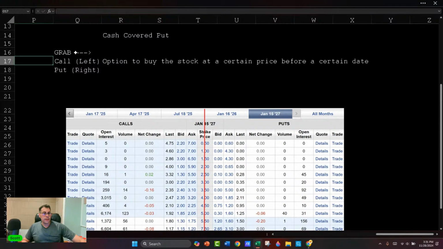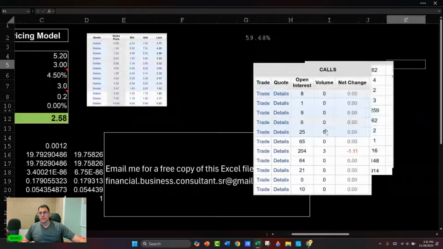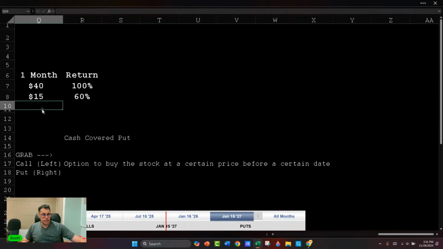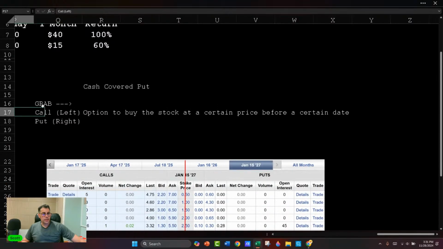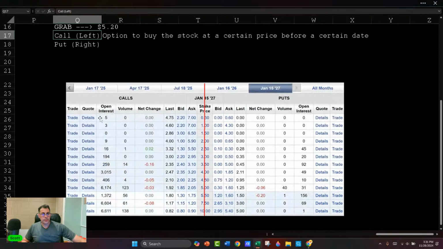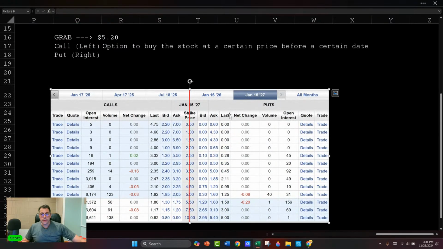What's it trading at? 520. So it's trading at 520 currently. So this screen is January 2027 call options.